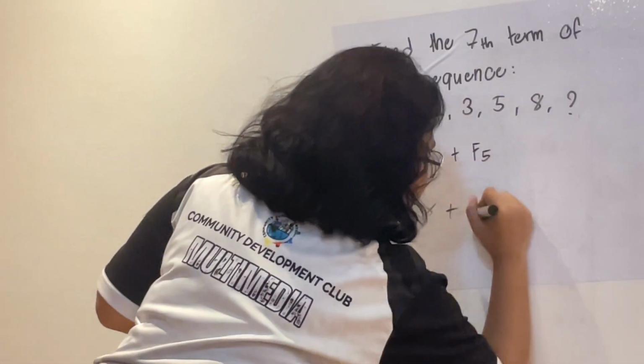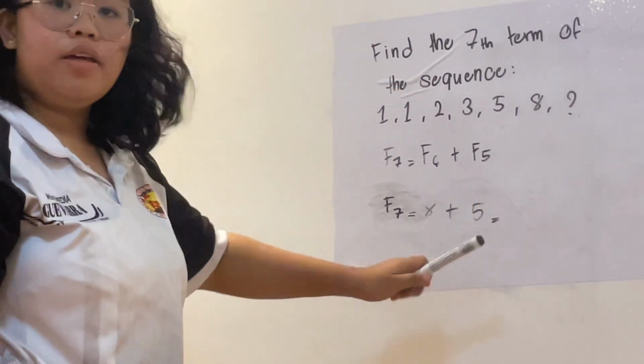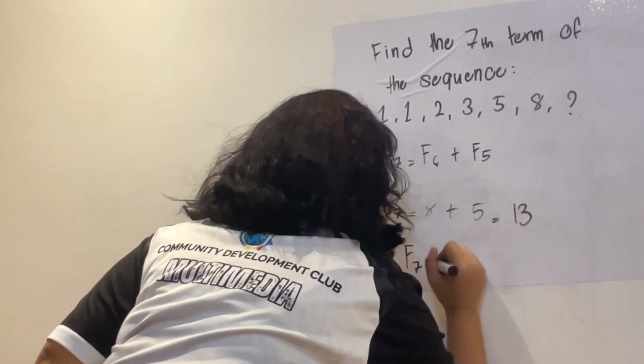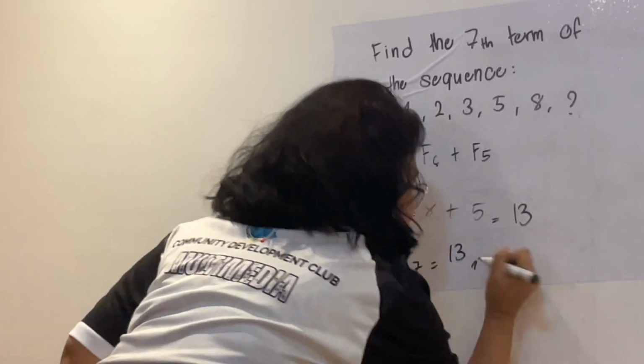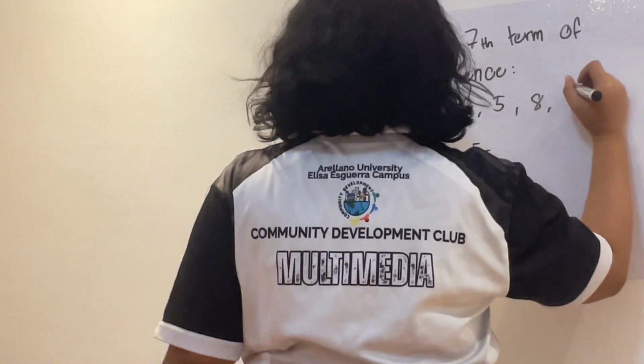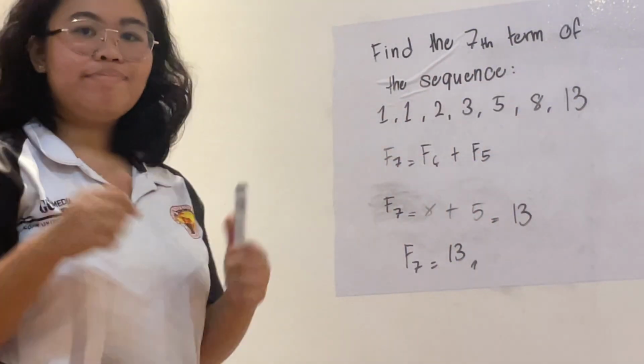So, 8 plus 5 is equal to 13. So, our F sub 7 is equal to 13. That's how you solve the missing number of the seventh term of the sequence.